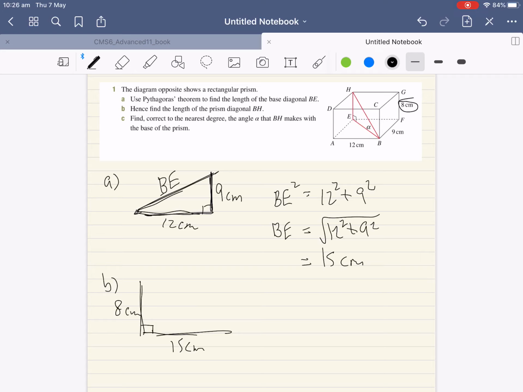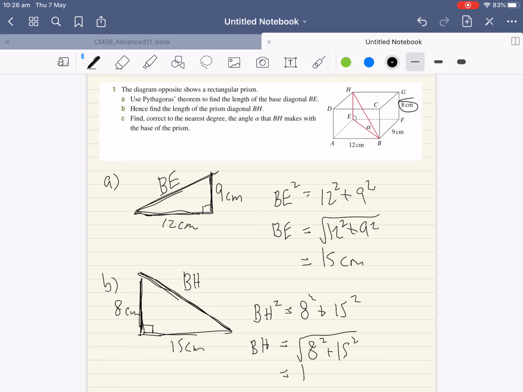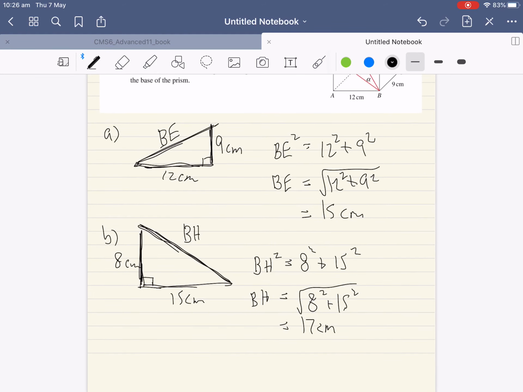And what they're asking us to do is to find this diagonal here, BH. So again, year 8, hypotenuse squared will be equal to the sum of the squares of the shorter two sides, and you can just square root the whole thing. And this is a pretty common triangle. That's 17 centimeters.